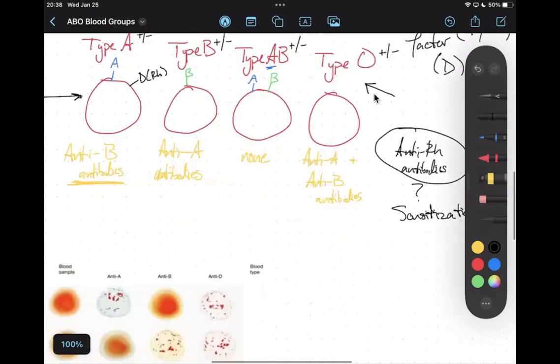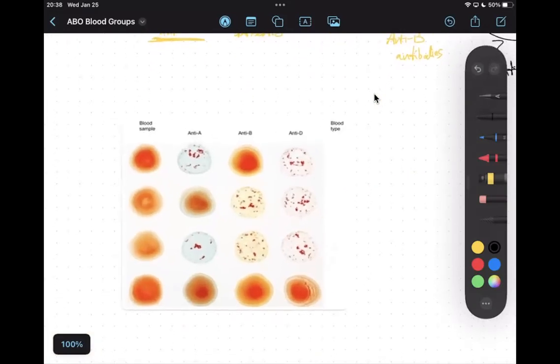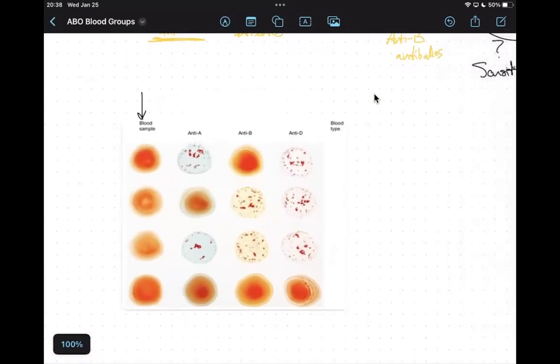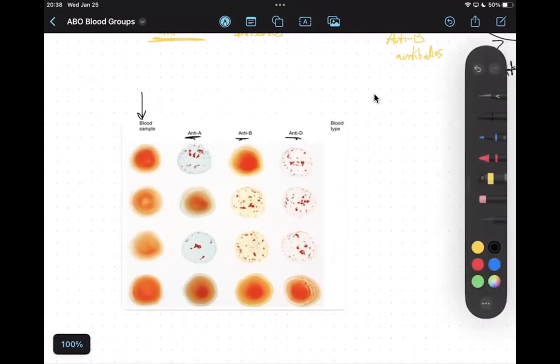So if we look down here, we have a nice little chart. This chart is showing a kind of control blood sample here. And then we have a blood type, or a section of blood, that was given anti-A, anti-B, and anti-D serums. So what this means is that there is a drop.